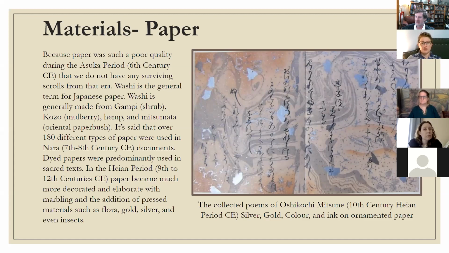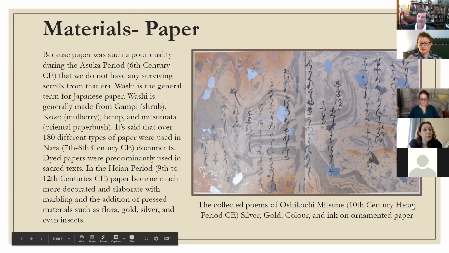And it was highly prized, and each region made their own specific type of paper. And even the emperor at some point had people make specialized papers or designated special areas to make documents, sorry.